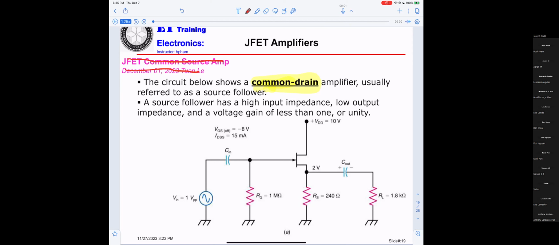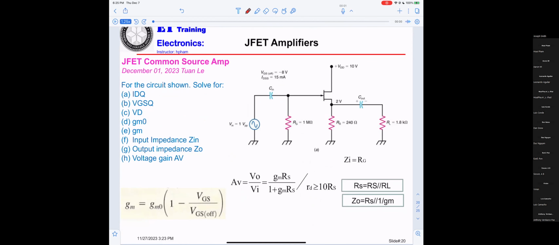Okay? So this is a common drain, and the other name is source follower. Source follower has a high input impedance, low output impedance, and the voltage gain is less than 1 or unity. Okay? This is just an example to do calculation.